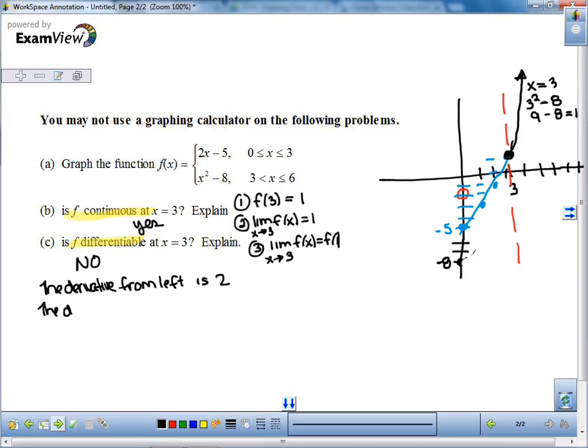The derivative as you come from the right is going to be 2x, but at 3 it's going to be 6. So they're not the same, they are different, so therefore it is not differentiable.